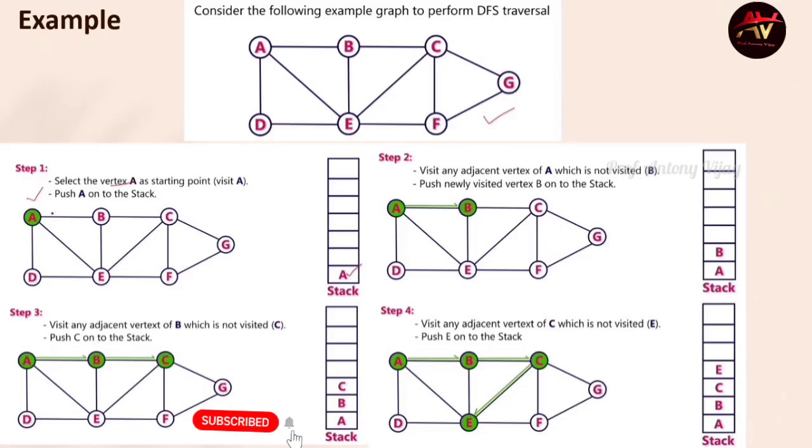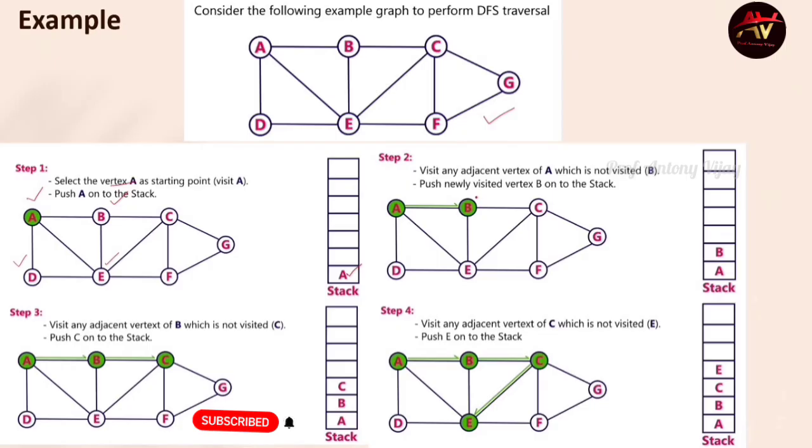After that we find the adjacent vertices of A. There are 3 different adjacent vertices: B, E and D. These 3 vertices are connected with A. If a vertex is connected with A, then it is adjacent to A. We can choose any one from B, E, D, but I have chosen B here.